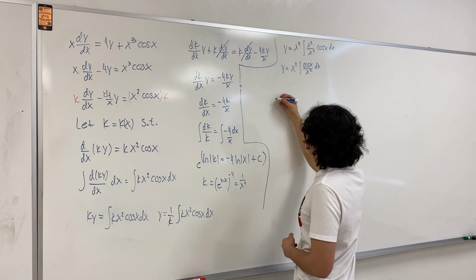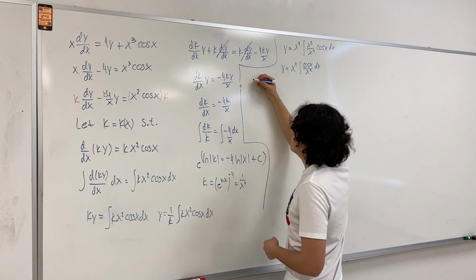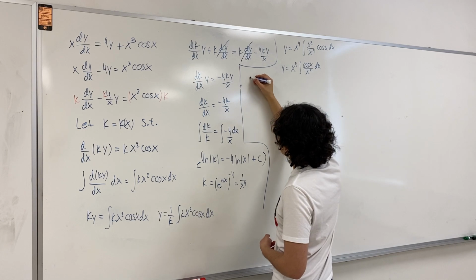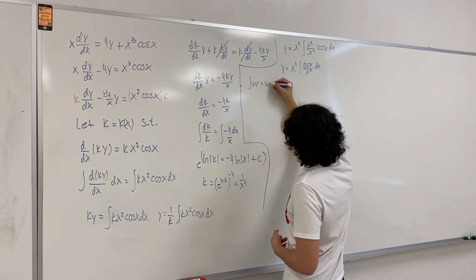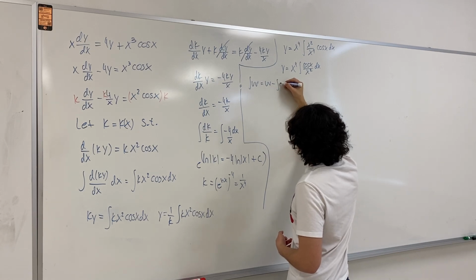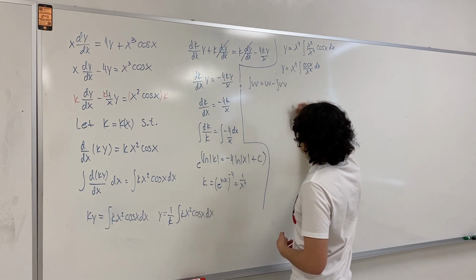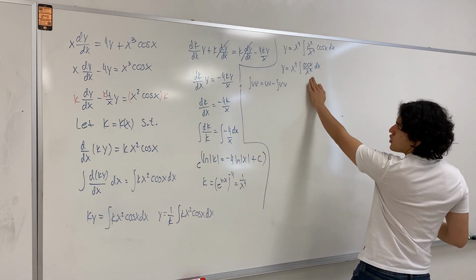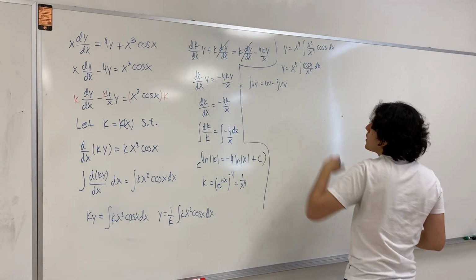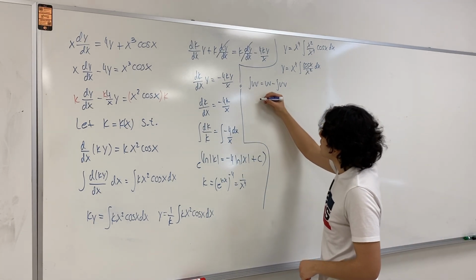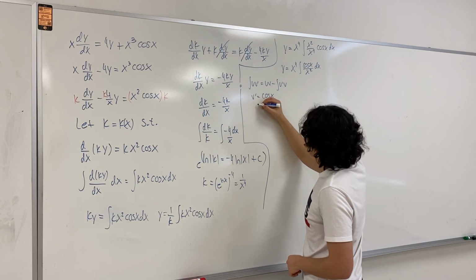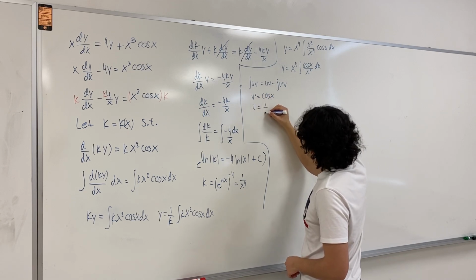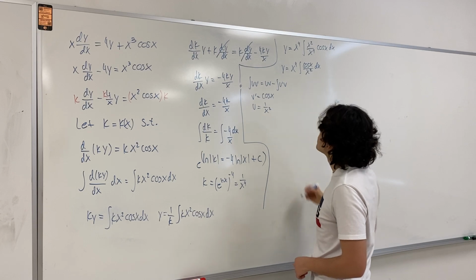Remember, maybe you don't remember integration by parts, but the idea is that the integral of uv prime is equal to uv minus the integral of u prime v, right? So if you try to match this form, we have cosine x, so we can say v prime is equal to cosine x, and that means that u is equal to 1 over x squared.